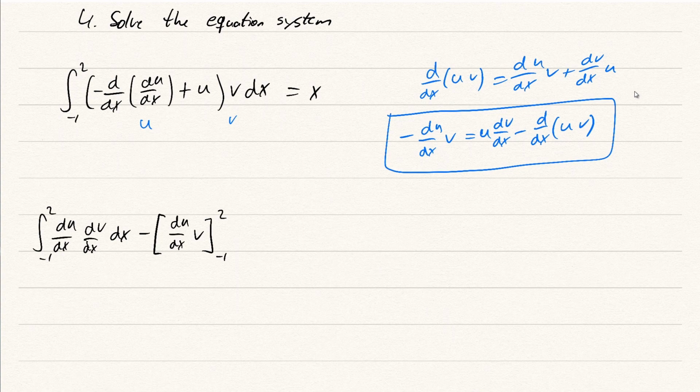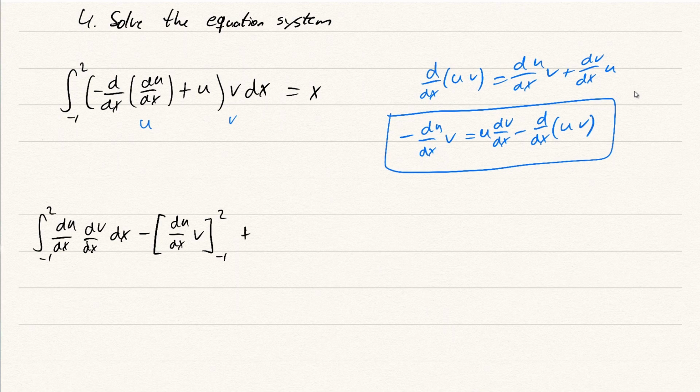So that's this business here. That's what we have now. And then we add this to it, so that's u times v, and then just integrate it.